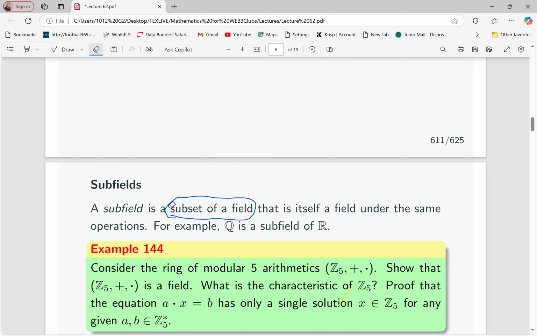Not every subset will be a subfield, but only those that fulfill the properties we looked at are the ones we refer to as subfields.